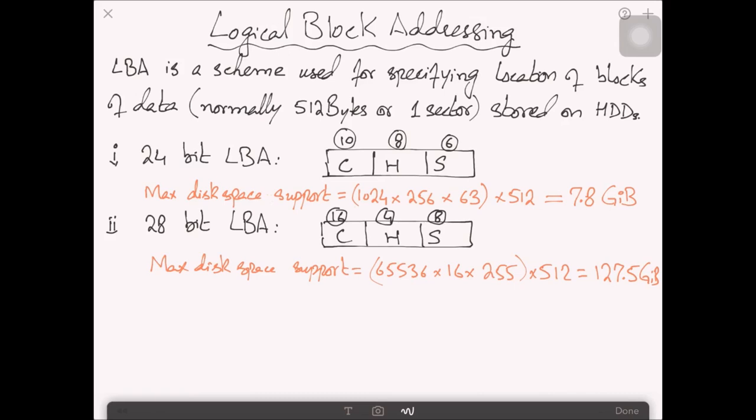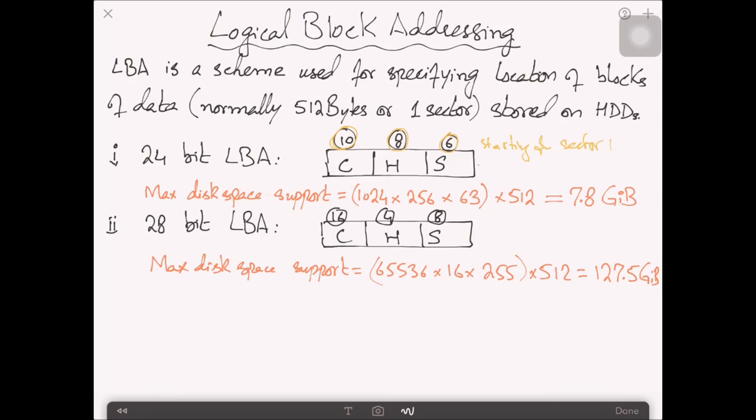The older disks use CHS addressing to access sectors on the disk, but these days our hard disks use LBA. They previously had support of 24 bits. In the 24-bit LBA, 10 bits were for the cylinder, 8 bits for the head, and 6 bits for the sector, starting from sector 1.